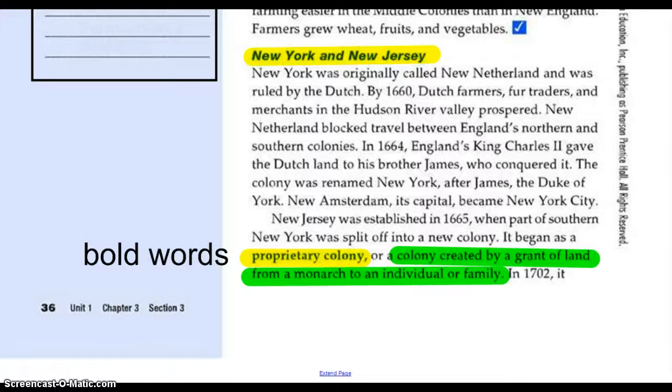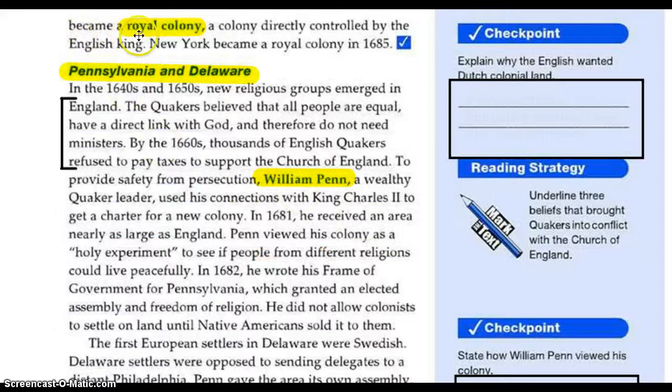Now we're going to continue reading right here where it says in 1702. In 1702, it became a royal colony, a colony directly controlled by the English king. New York became a royal colony in 1685. Okay, so now we're going to stop again and we're going to talk about this term royal colony. And it's the same situation where they have given us context clues to help us understand what that term means.